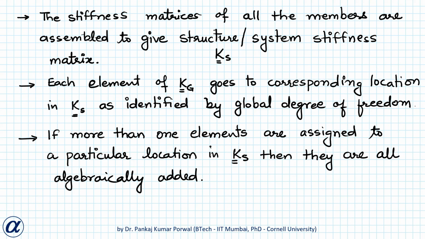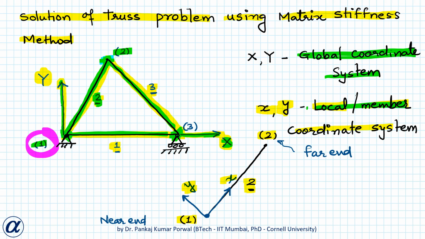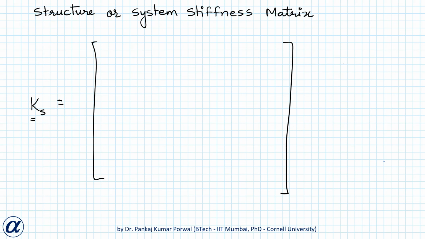Now the stiffness matrices of all the members are assembled to give us the structure or system stiffness matrix that we call Ks. If we look at the structure stiffness matrix for our truss, which has in total 3 nodes, and each node has 2 degrees of freedom, x and y, then all the columns and all the rows will correspond to those degrees of freedom.